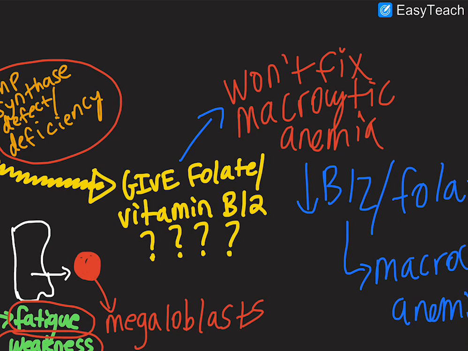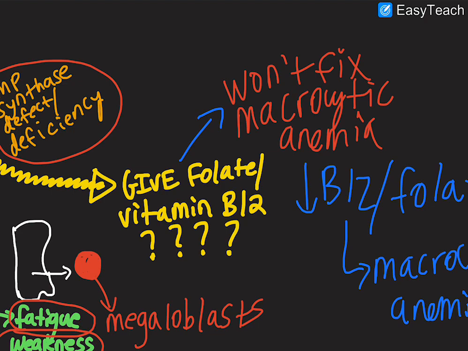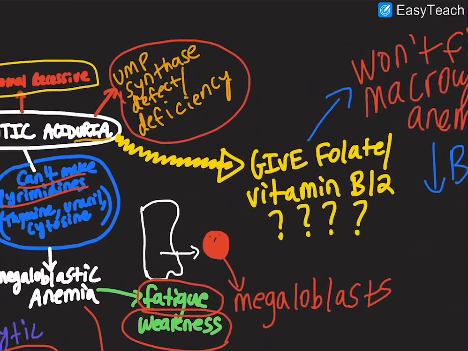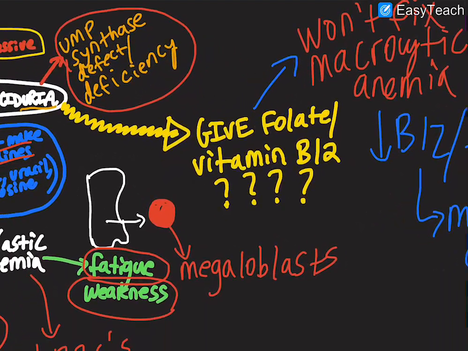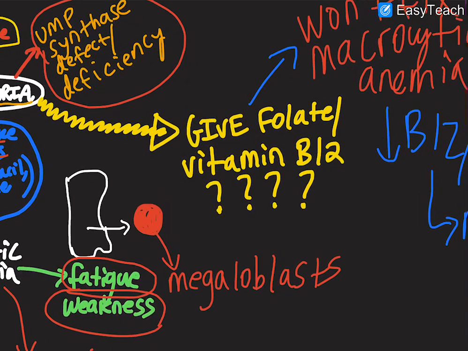So that's why giving folate or vitamin B12 to someone who has orotic aciduria won't really fix their macrocytic anemia, because it's not the folate deficiency or B12 deficiency that's causing their red blood cells to be more than 100 femtoliters. It's the fact that they can't properly synthesize DNA that's causing their red blood cells to be more than 100 femtoliters, which is leading to macrocytic anemia.